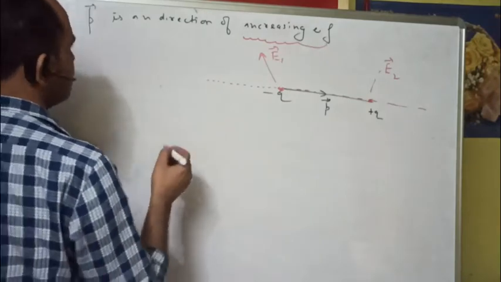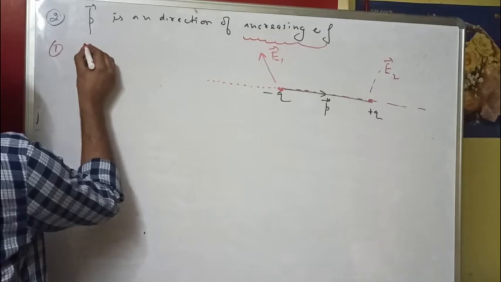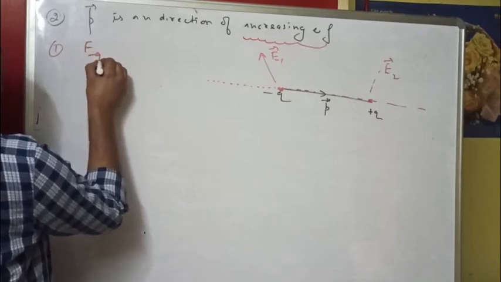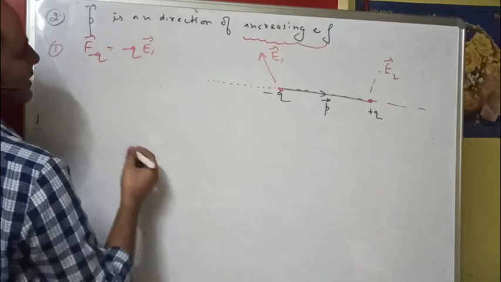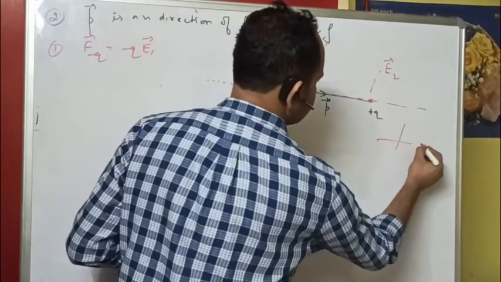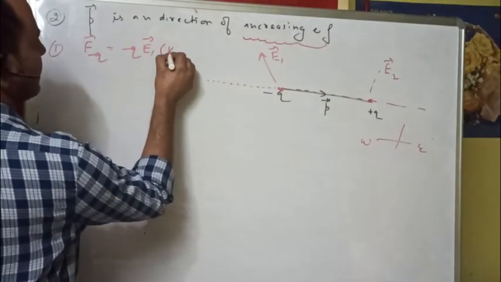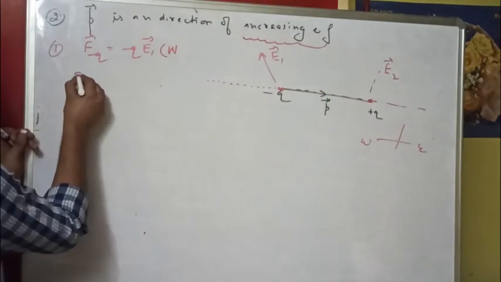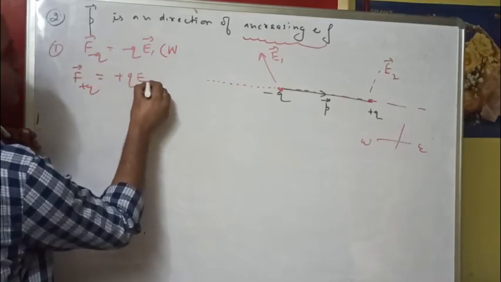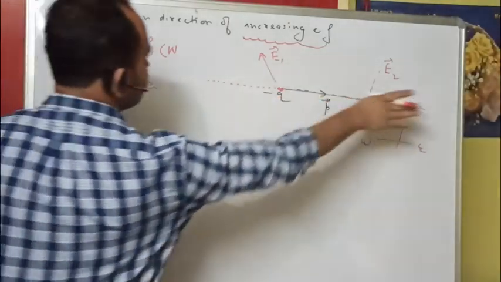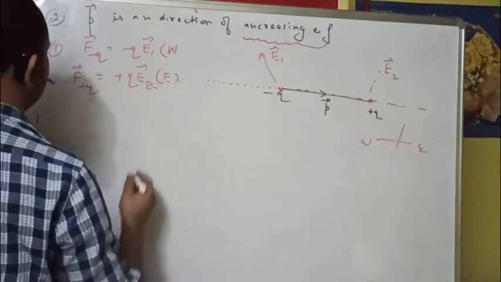So what will be force number 1 on minus q? The force on minus q will be here, that is minus q E1 vector, and direction-wise, if east is east then this is west, so it will be towards the west direction. Now the force on the positive charge will be plus q E2 vector, and this force will be in the east direction.